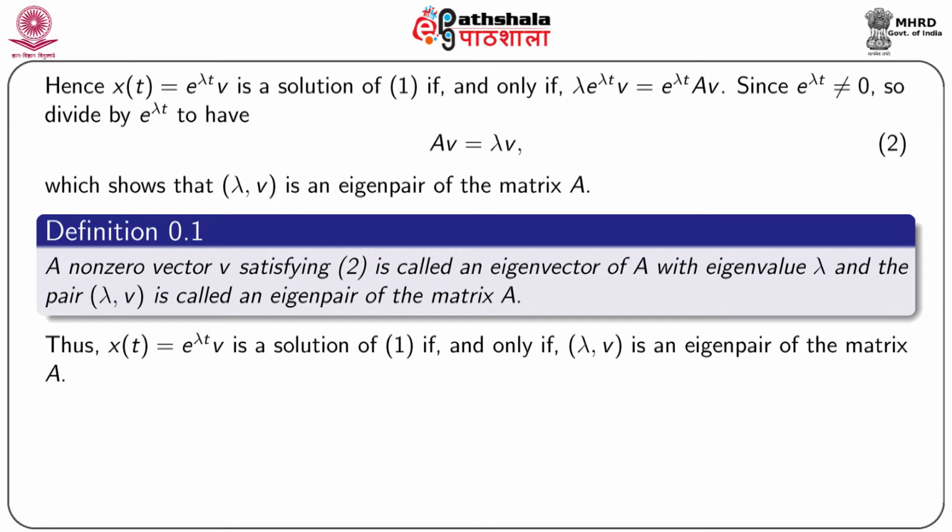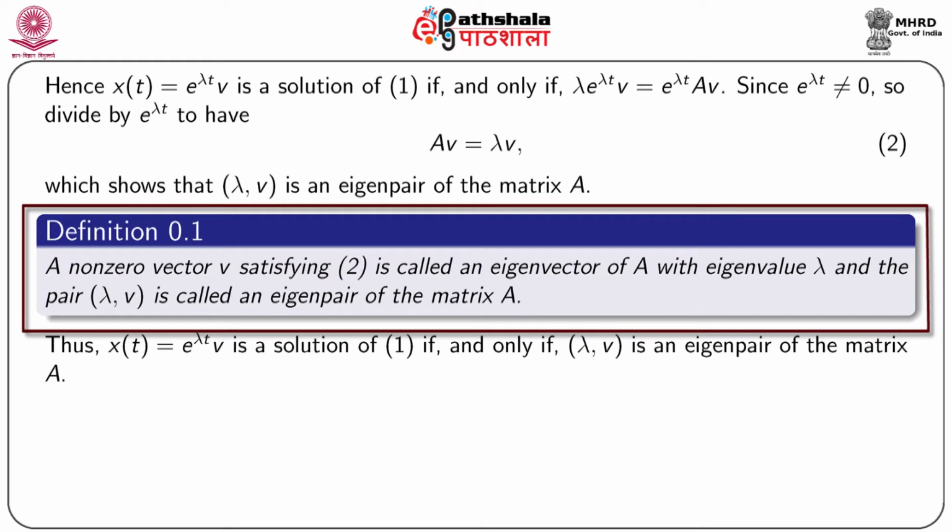And hence, we define: a non-zero vector v which satisfies equation 2 is called an eigenvector of A with eigenvalue λ, and the pair (λ, v) is called an eigenpair of the matrix A.